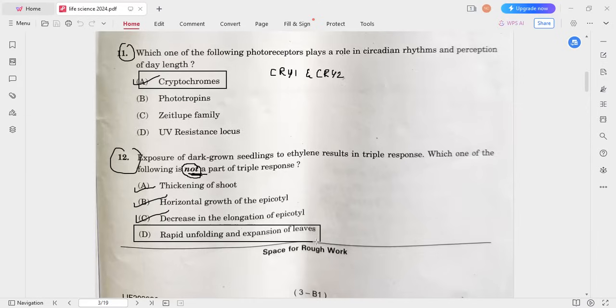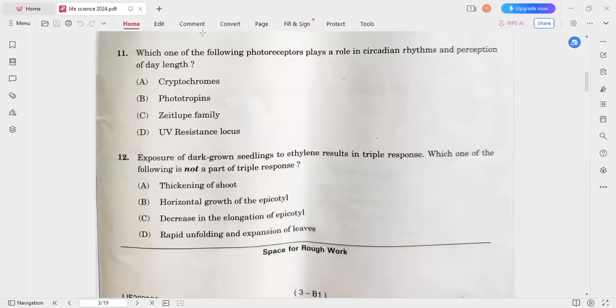That's why option D is the correct answer for question number 12. The triple response is a response to mechanical stress, right. Now move on to the next question, question number 13.